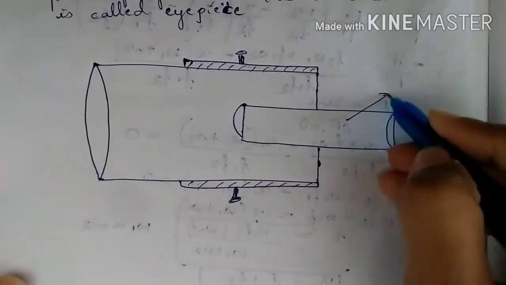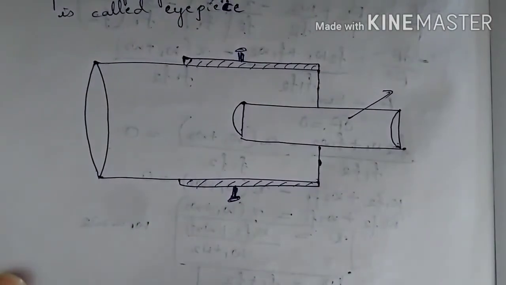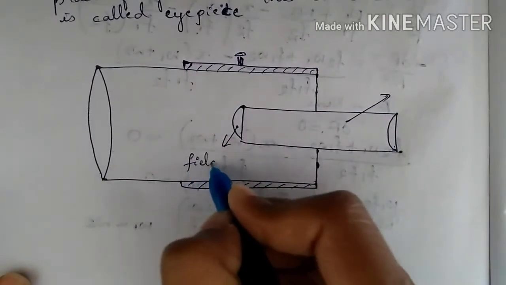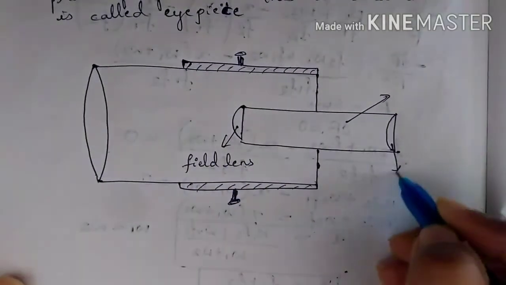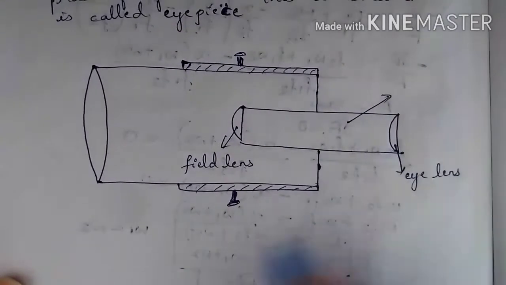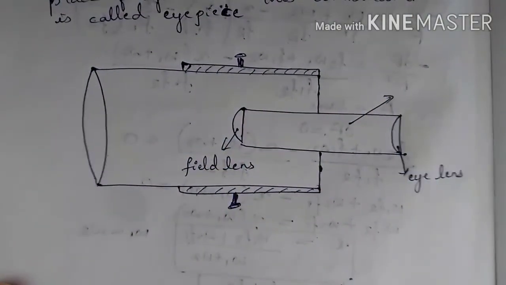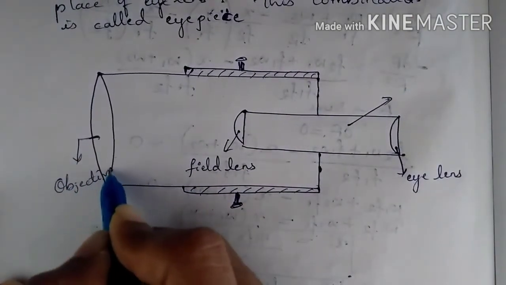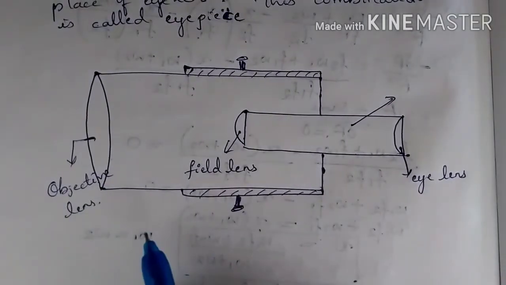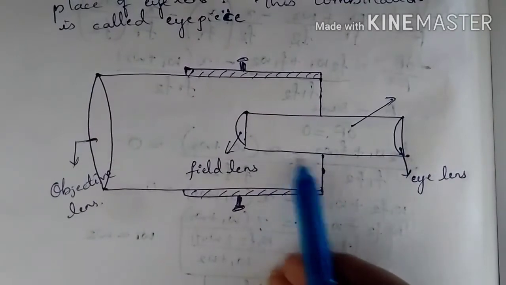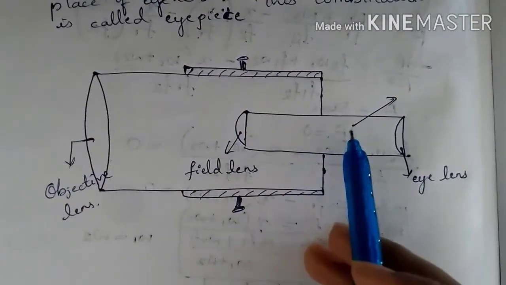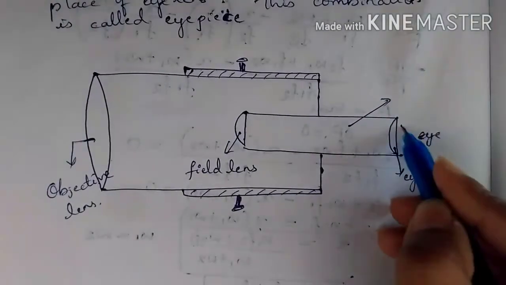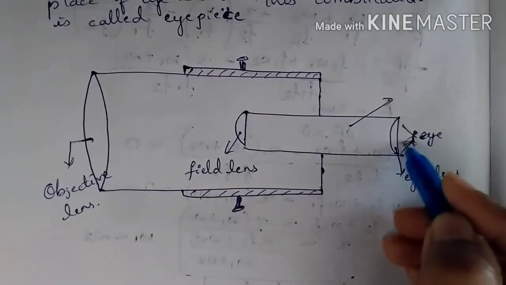Here is the eyepiece, this is the field lens and this is the eye lens, and this complete system is known as the eyepiece, and this is the objective lens. So you have the objective lens and the eyepiece, and this eyepiece can remove the chromatic aberration and the spherical aberration. From this side you can see the image.